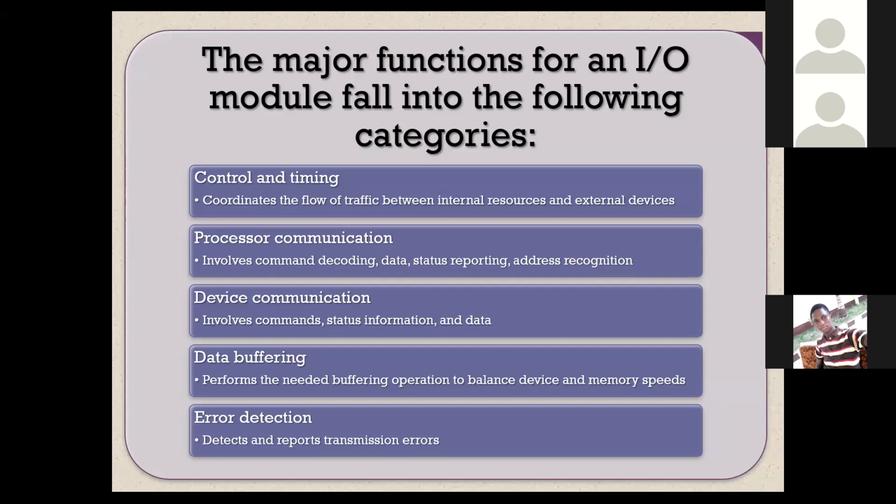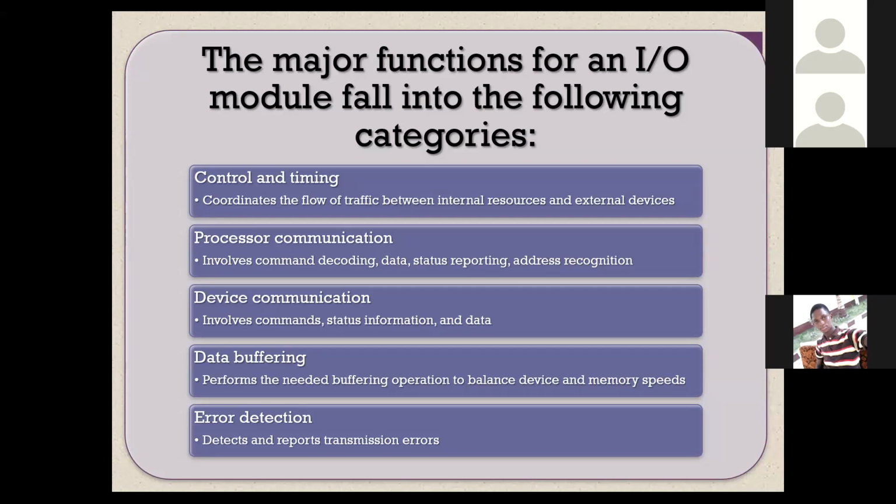On the other side, the IO module must also be able to perform device communication. This communication involves command, status information, as well as data. An essential task of the IO module is also data buffering. And I think I already gave you the good reasons. The need for this function is apparent.